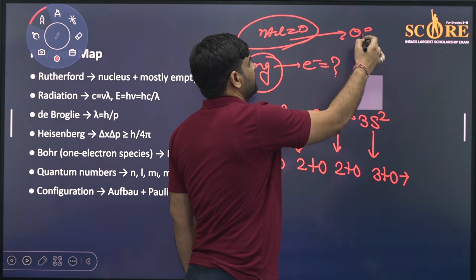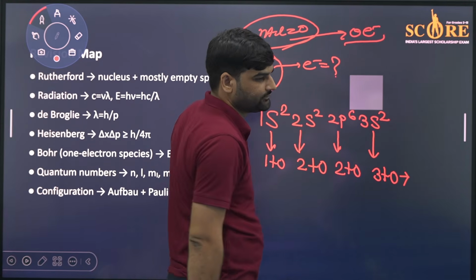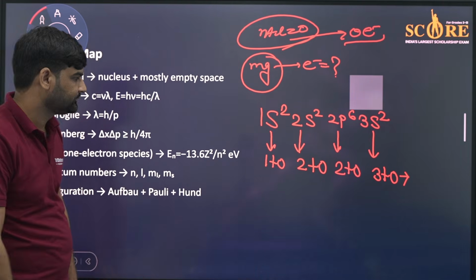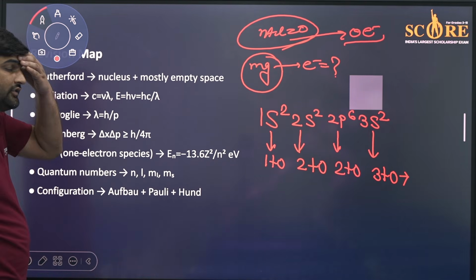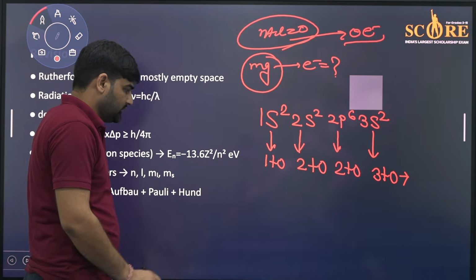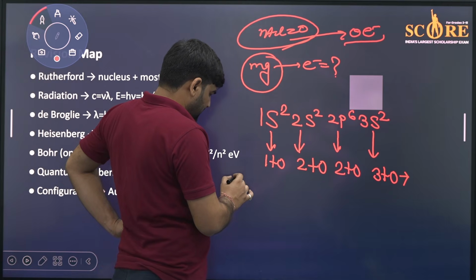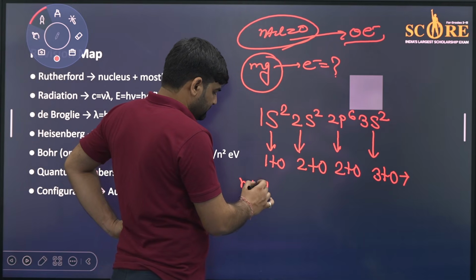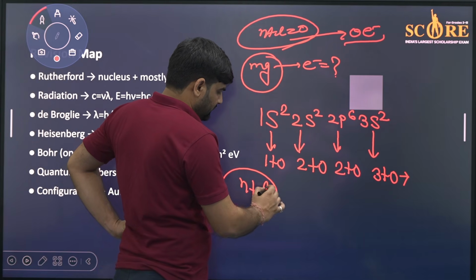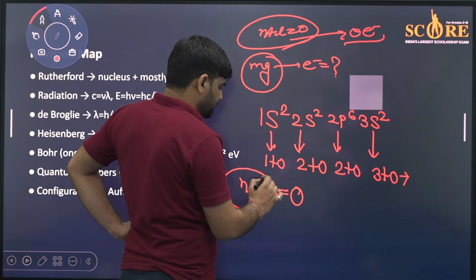It means there are 0 electrons. Okay. Next question, you have to find n plus L equals to 0.